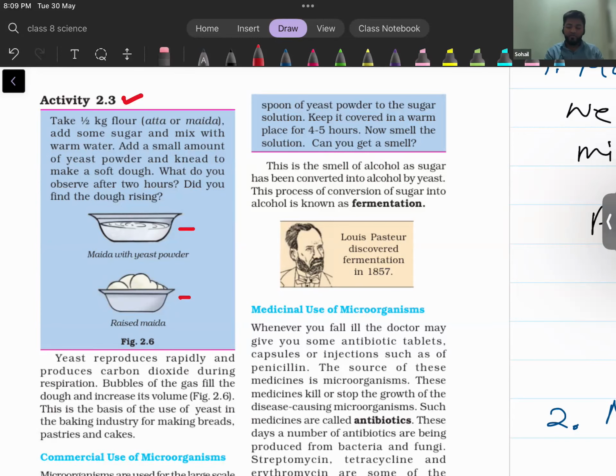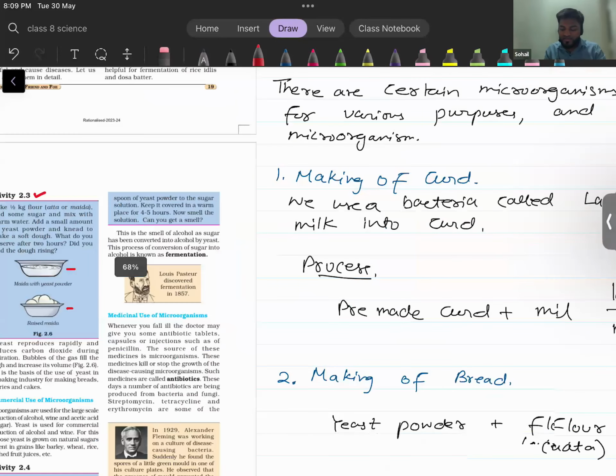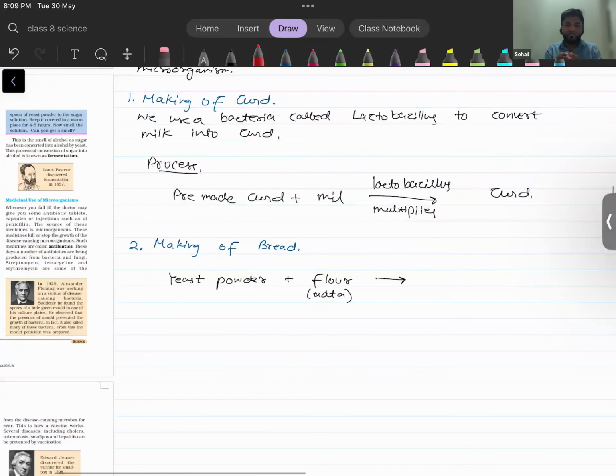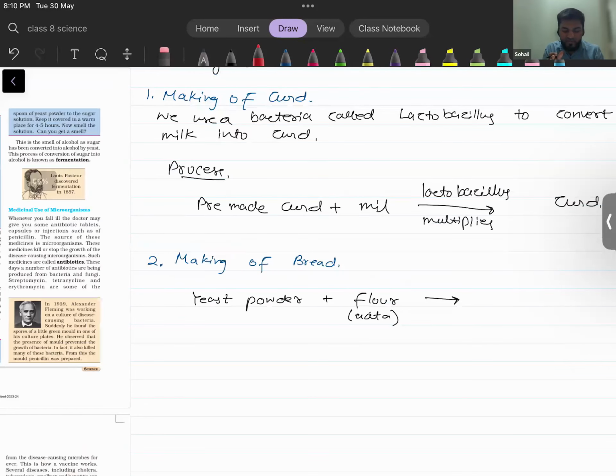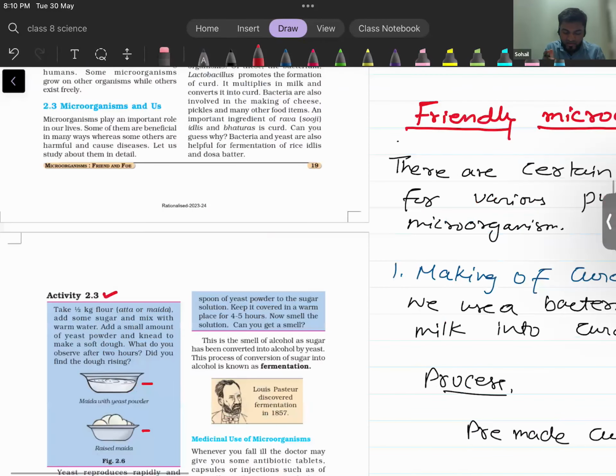So what has happened here actually? The yeast requires a medium to reproduce. The yeast present in the powder, which has been added to atta, requires nutrition to grow further. If you read the activity carefully, what has been added here?